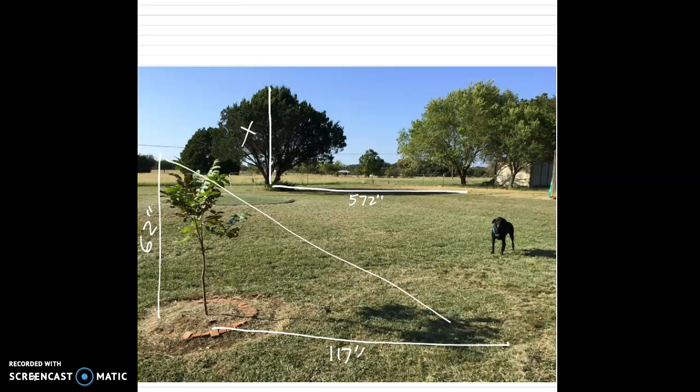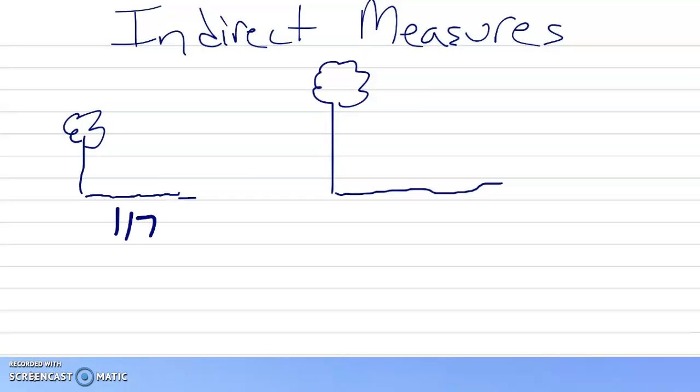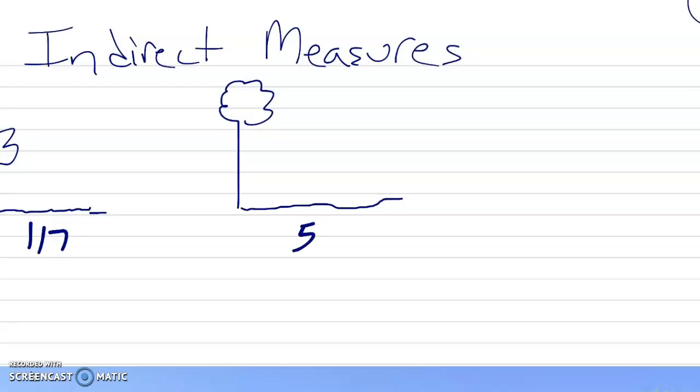We don't even have to worry too much about the corresponding angles and stuff, because we have a drawing right in front of us, right? We've got the height of a tree and the length of a shadow. Alright, so on your little plant that you drew up there, you would have 117 and 62, and this one was 572, and we're finding how tall that is.